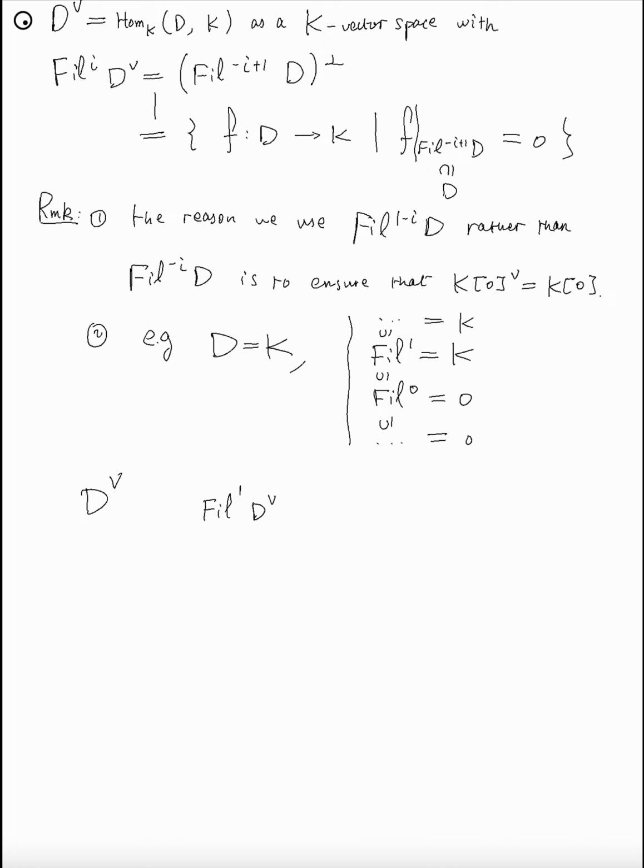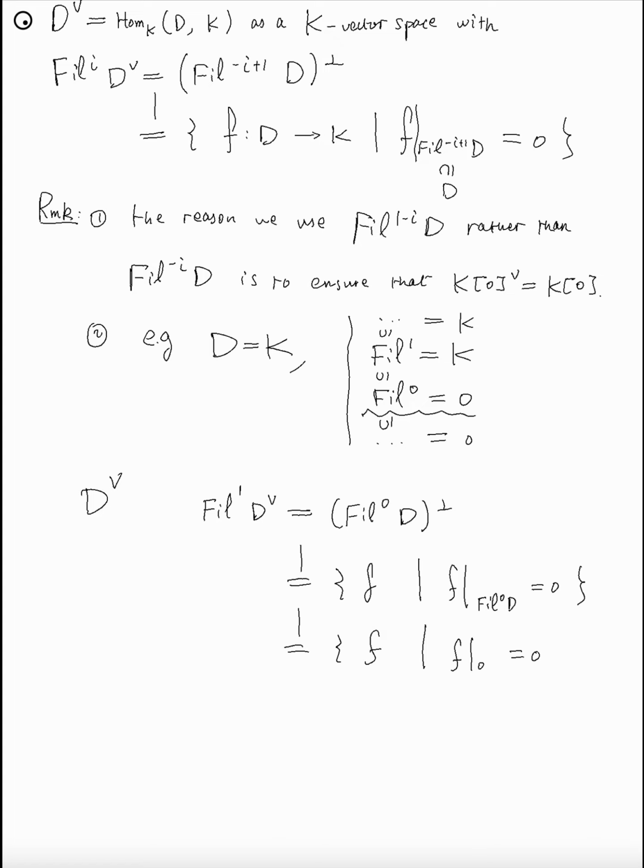Fill^1 of D^DU by our formula: the definition is Fill^0 D orthogonal, which means those f such that f restricted to Fill^0 of D equals 0, but Fill^0 of D is 0. Those f such that f restricted to 0 is 0. So this is totally all of D^DU.